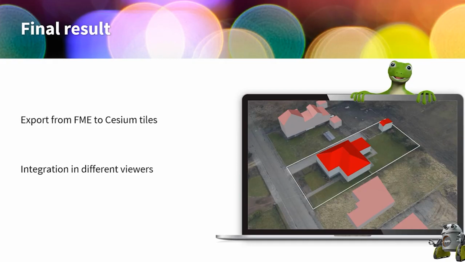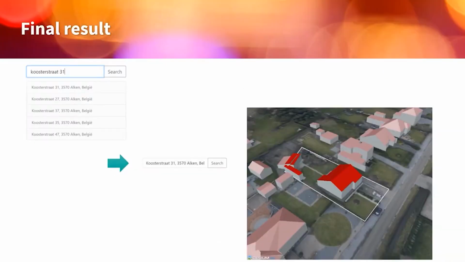At the very end of the processing, FME is used to create outputs in the Cesium tiles format. This format allows for easy integration into different viewers, as you can see here in the example. This viewer, for example, allows you to type in an address and will zoom to the building at that specific address.